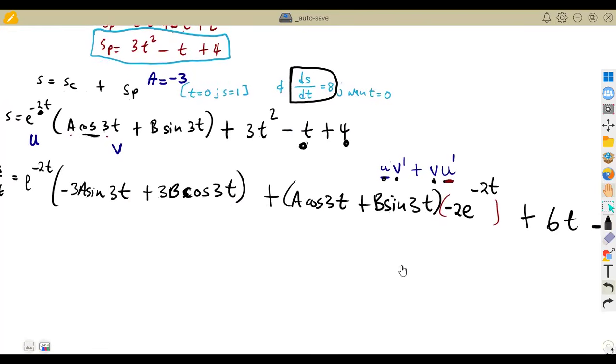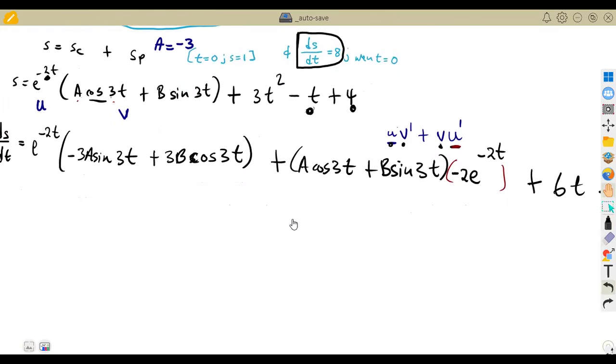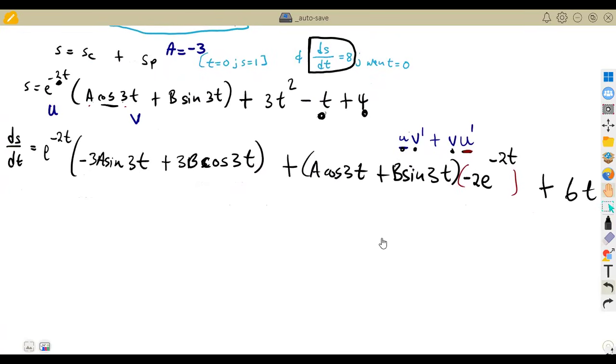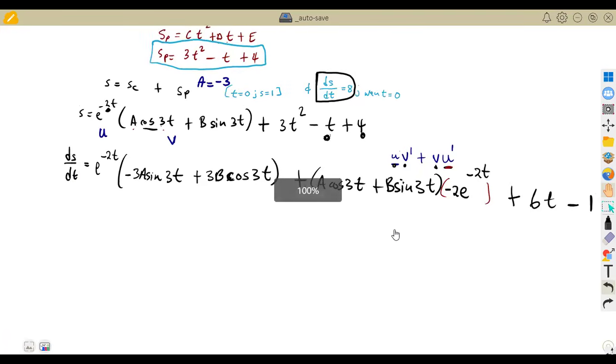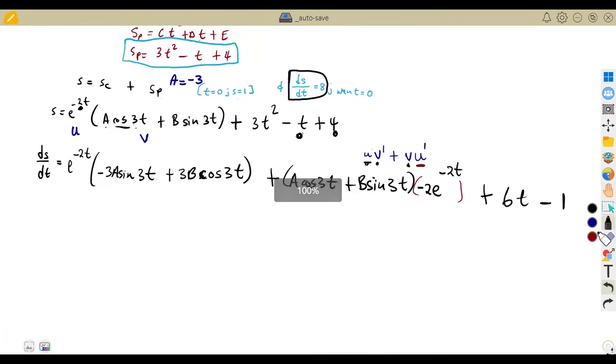So now let us substitute, guys, and see what we're going to get here. Remember, we have the value of A already. Wherever there's a t, we substitute a 0 there. Then the s dash at 0, which is 8, is that here.